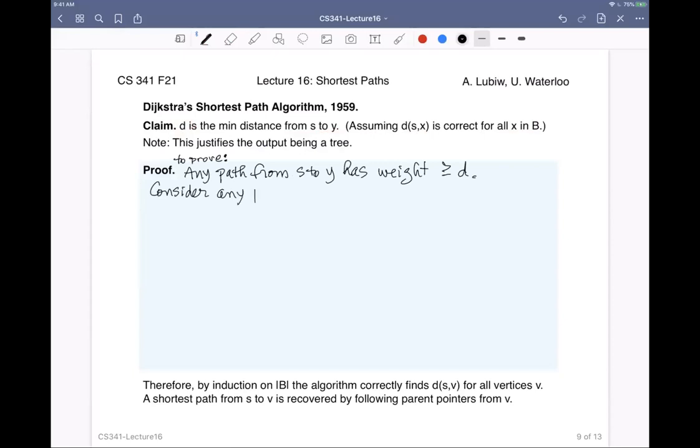Any path from S to Y. And let me call that path pi, standing for path.